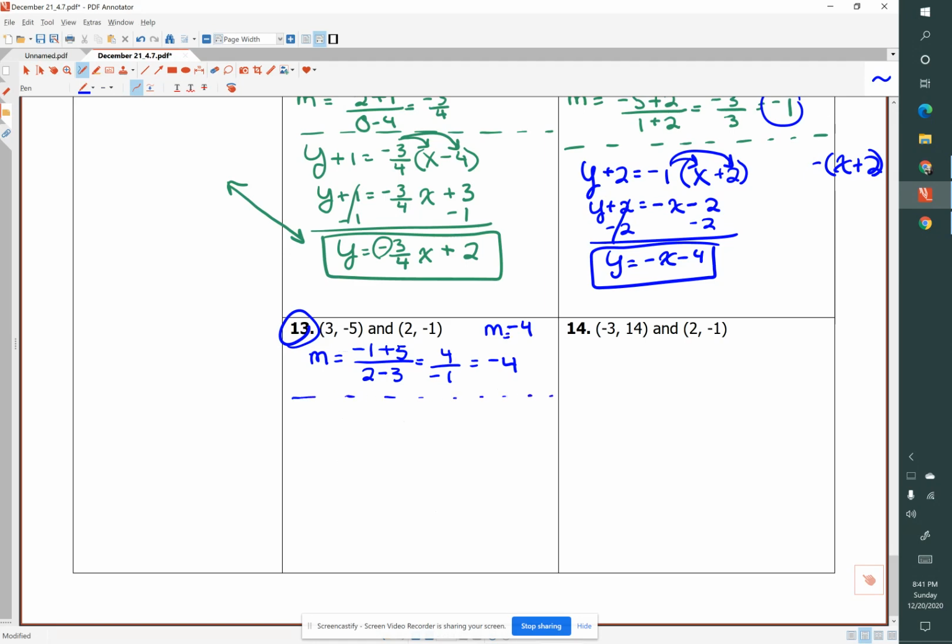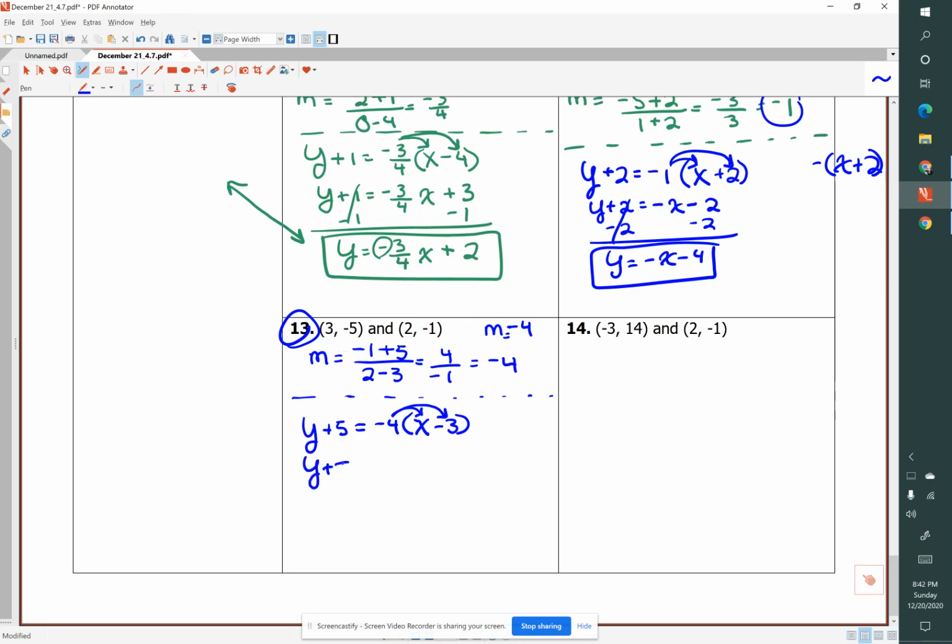Now we'll use the point slope formula. Y minus -5 is y plus 5 equals -4 times the quantity of x minus 3. And we'll distribute.